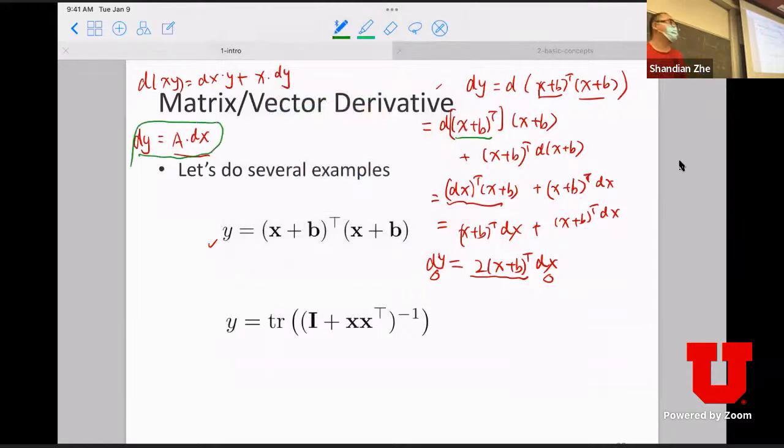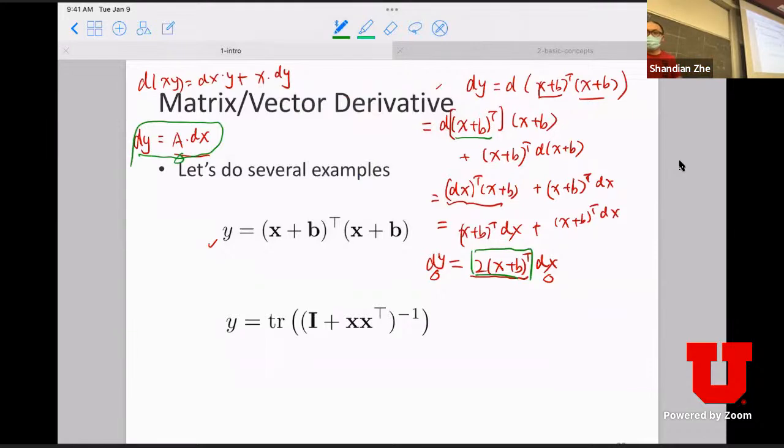we want, right? So now, what is A here? Yes, this term, (2x + b) transpose. This is your A. So this is your derivative, and this is your gradient.